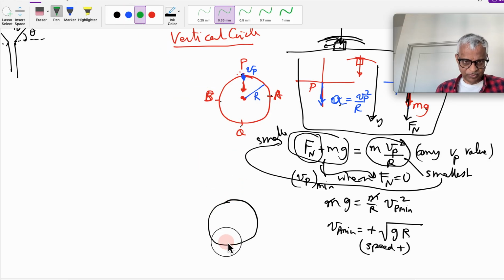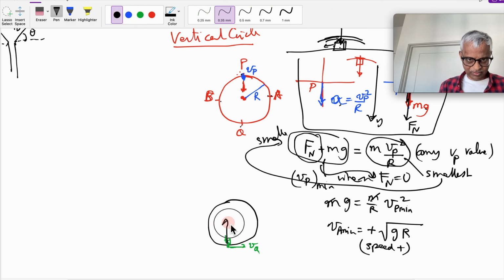At Q, it will have some speed v at Q, but if you look at this now, it is above the track. So the normal now is above the track, Fn at Q, and gravity is down, mg.